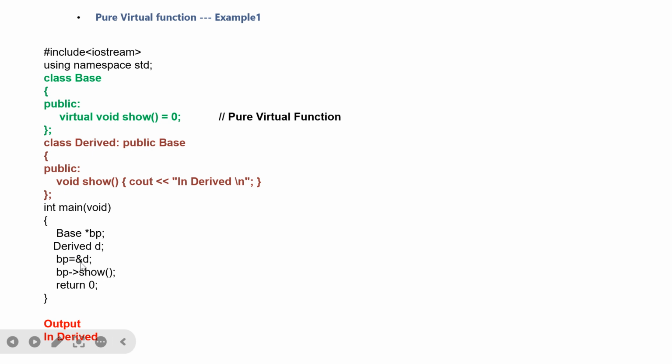Now we are giving the address of the derived class object to the base class pointer. Now using the base class pointer, we are calling the show function. Okay, so this will be nothing but late binding. So automatically this will call the derived class show function. So it will give the output as in derived.